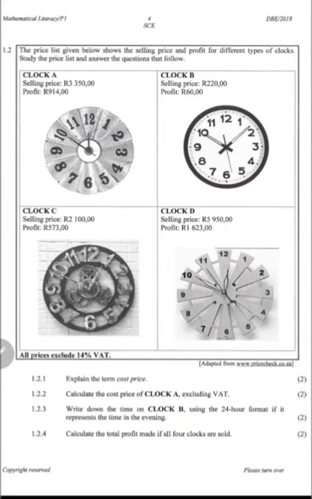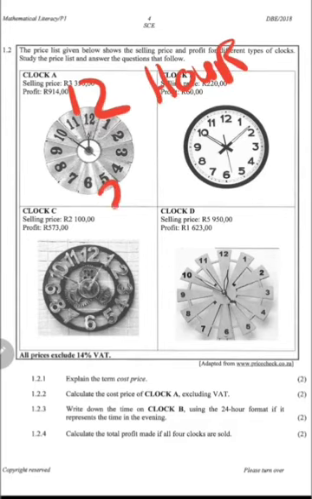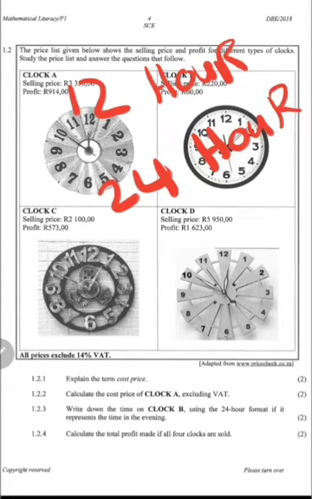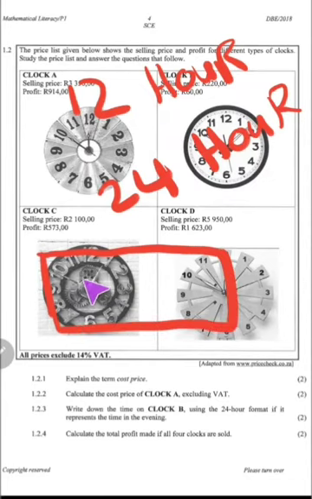Now the question asks us to write it in the 24-hour format. So remember, there's a 12-hour format, and there's also a 24-hour format. The reason why I'm telling you this is because the exam papers might ask you in a different way. Then you already understand the basic concept behind this. If it's a 12-hour format, then the maximum it can go is 12.